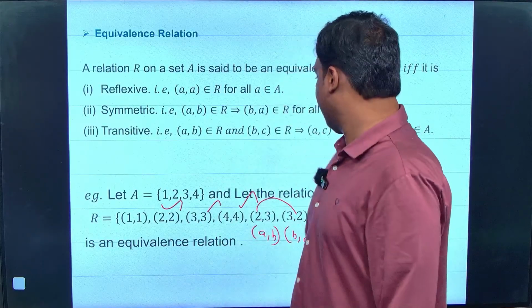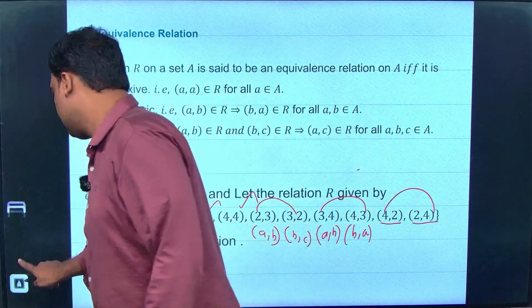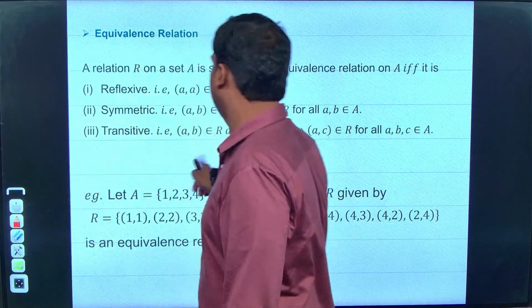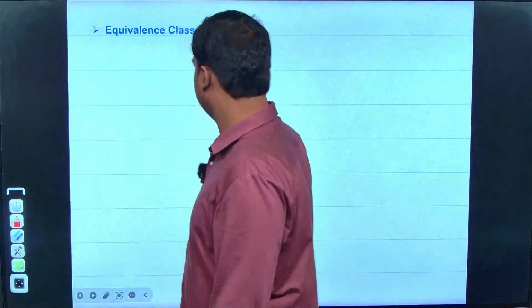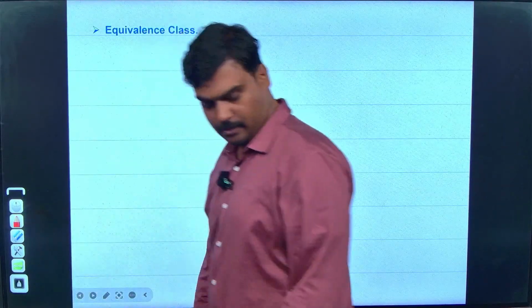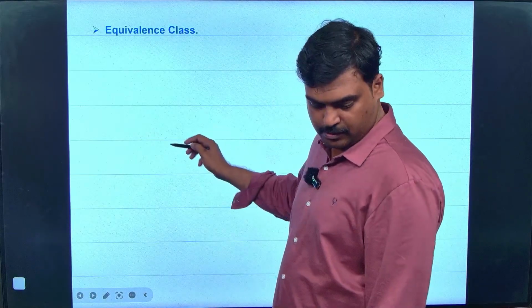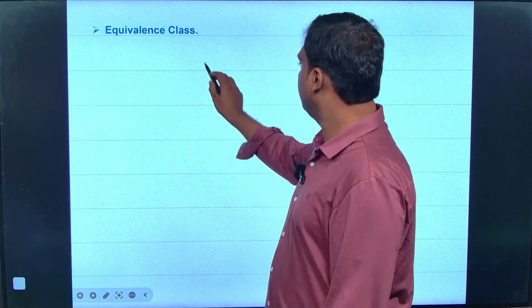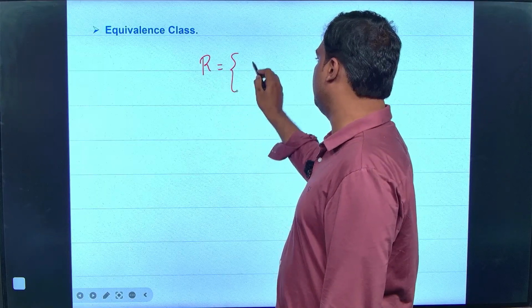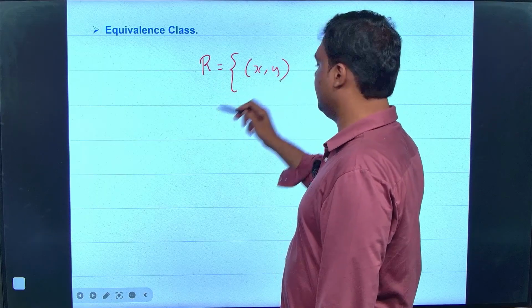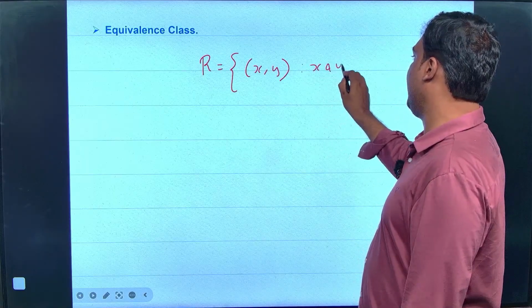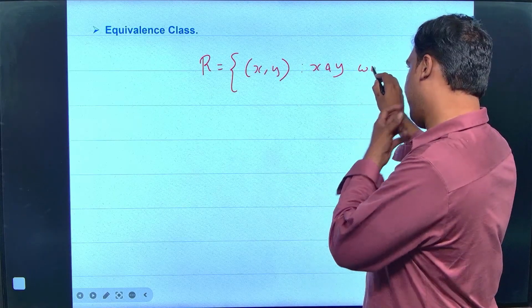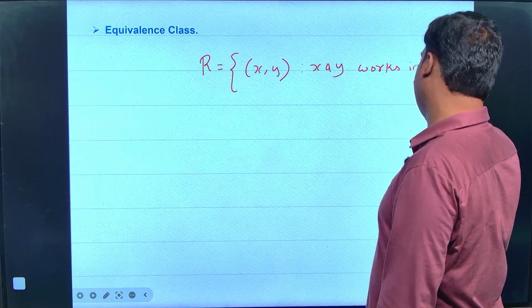I am writing an example. Okay. R is equal to {(x, y) : x and y work in the same place}.